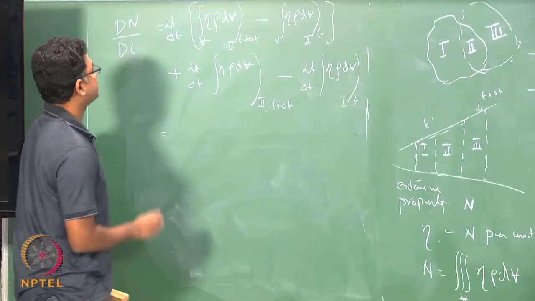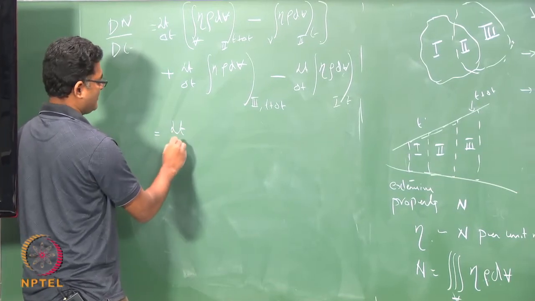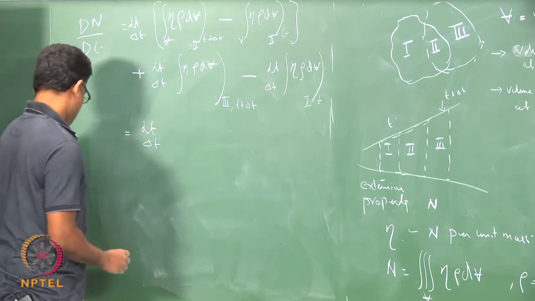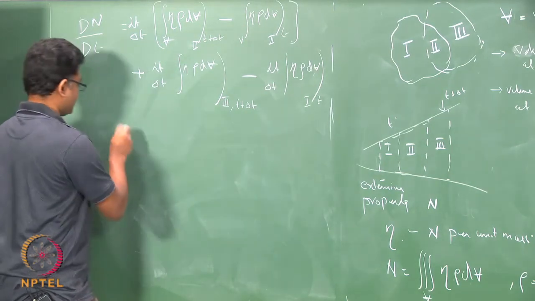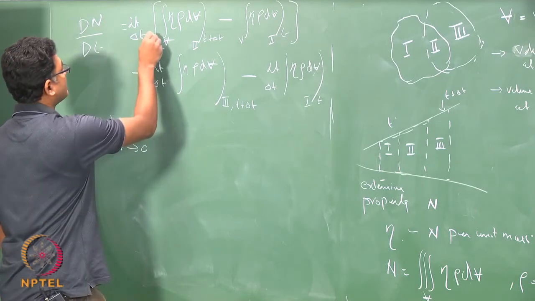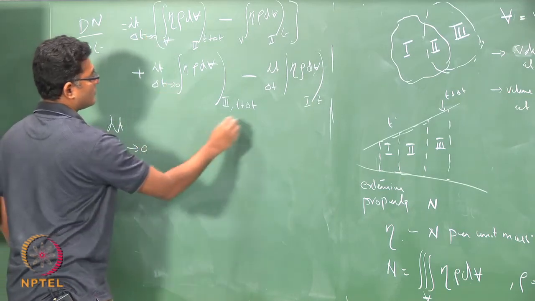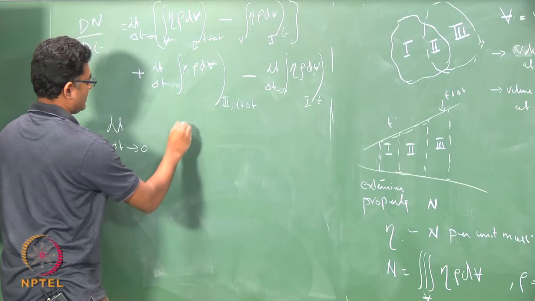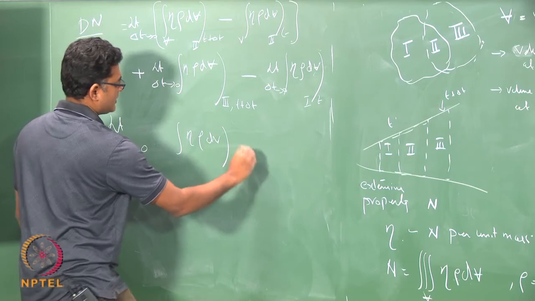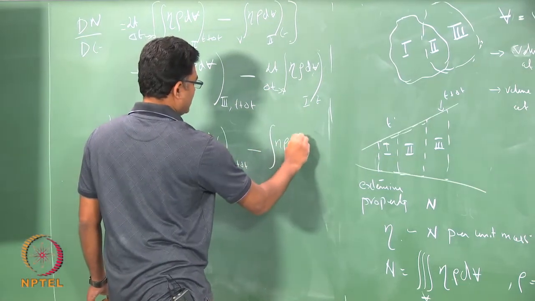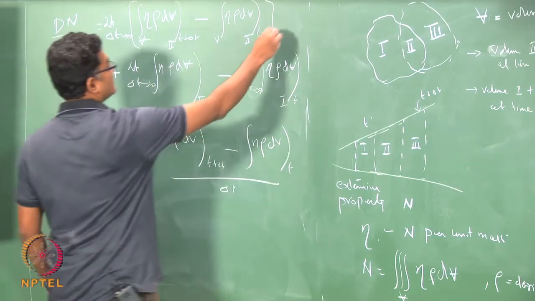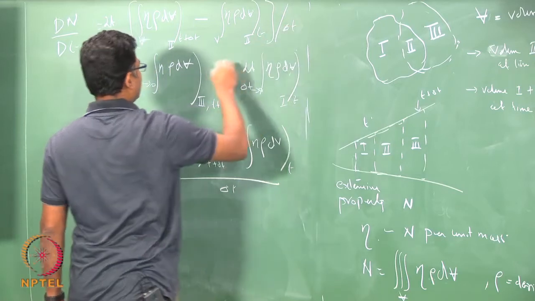So, the first term, limit delta t tending to 0, integral eta rho dV at t plus delta t minus integral eta rho dV at t, divided by delta t.